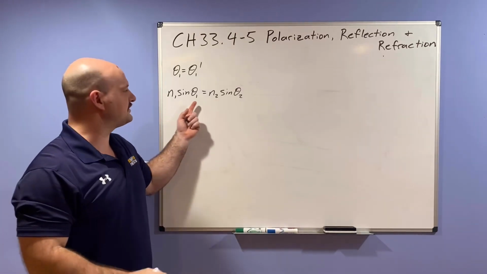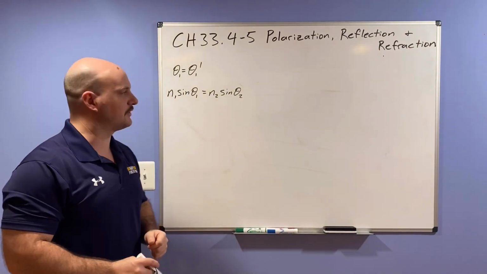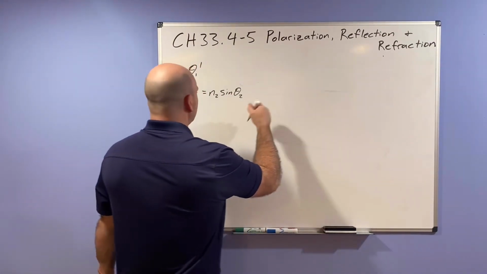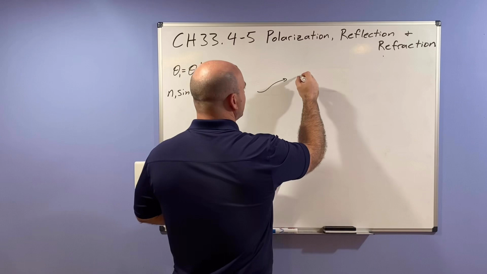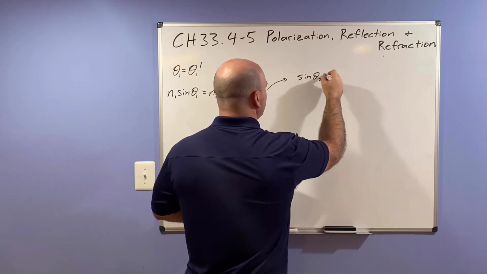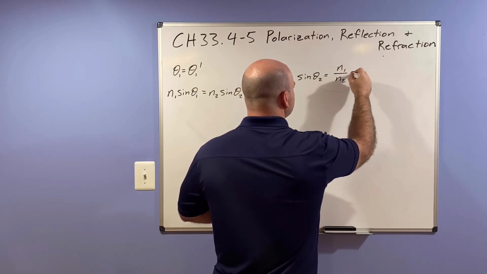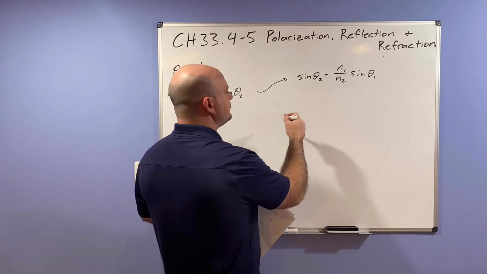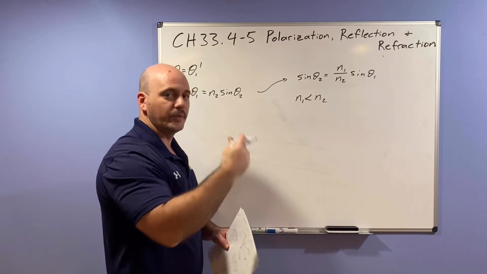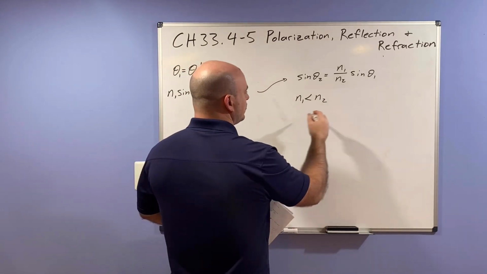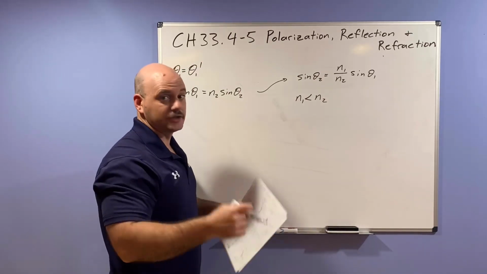Okay, I want to talk about the incident angle and the refracted angle with an eye on the difference between the two indices of refraction. So imagine this. I want to solve for theta 2. I can say that the sine of theta 2 is going to be equal to N1 over N2 times the sine of theta 1. So what this means is when N1 is less than N2, like in our example where we went from air to water, air has an index of refraction of 1, water has an index of refraction greater than 1.